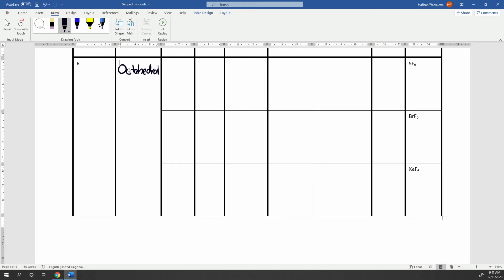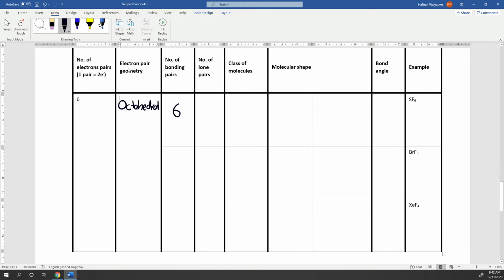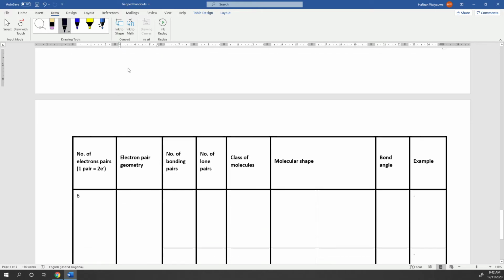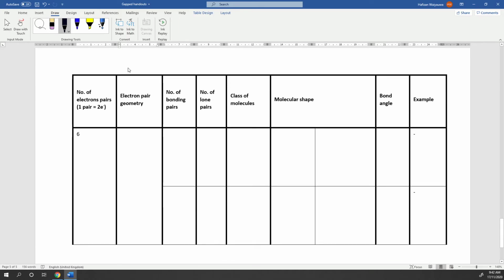So octahedral, we can have all of these 6 pairs as bonding pairs, and tak ada langsung lone pair, ataupun kita ada 5 je bonding, 1 lone pair, ataupun kita replace 2 of those bonding, they become lone pairs, or kita replace 3 of those bonding jadi lone pairs, or ataupun kita replace all 4 of those bonding jadi lone pairs.